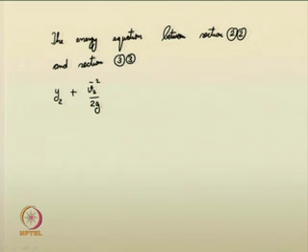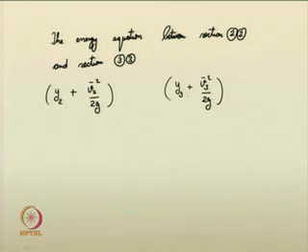We are neglecting the datum head, assuming that the datum is the same for both the sections. And energy at section 3-3 is nothing but y3 plus V3 squared by 2g.